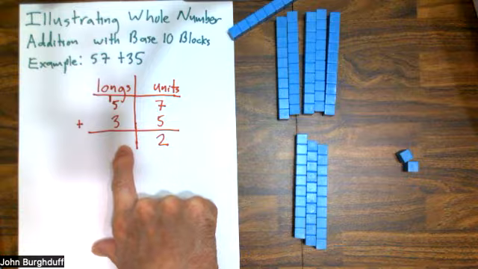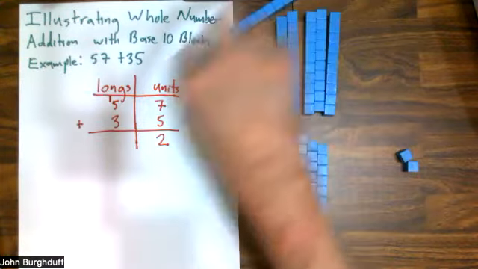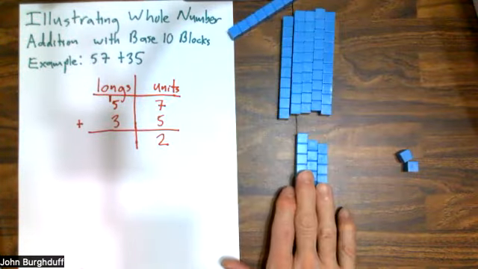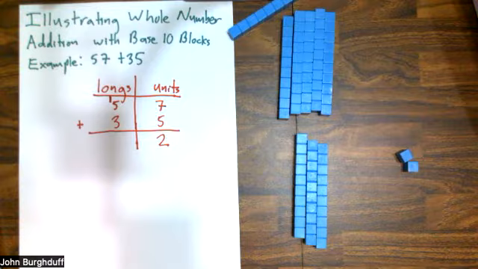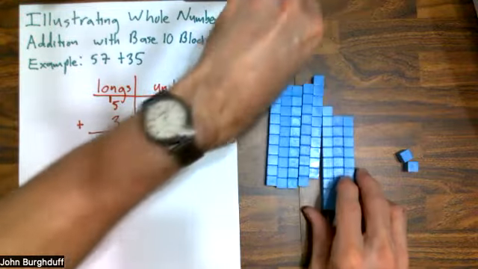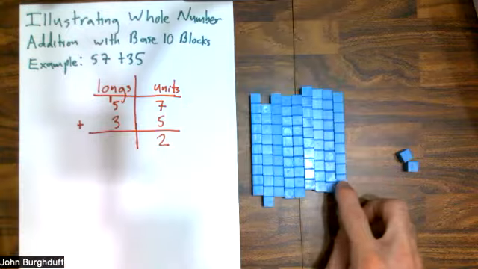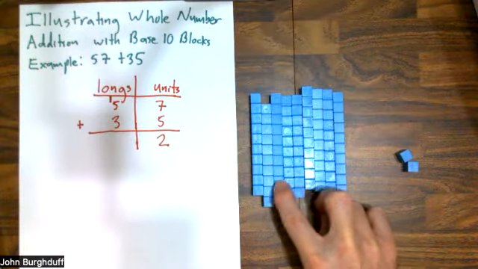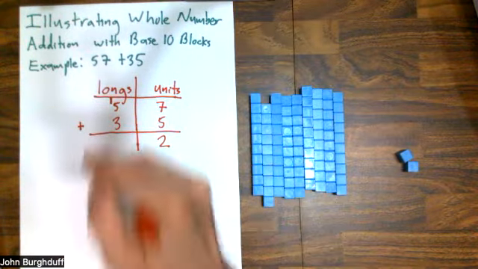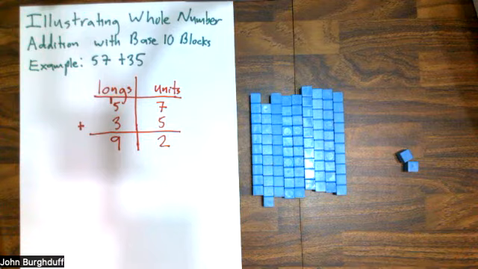So now I have 1 long, 5 longs, 3 longs, and I put all of those together. That does include the one I exchanged over. I end up with a total of 1, 2, 3, 4, 5, 6, 7, 8, 9 longs, and let your students simply count that.